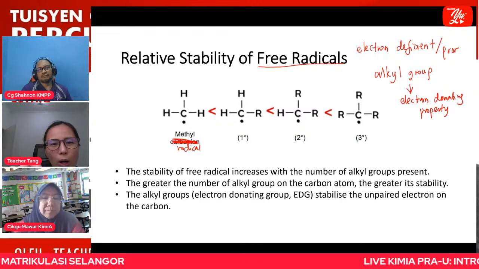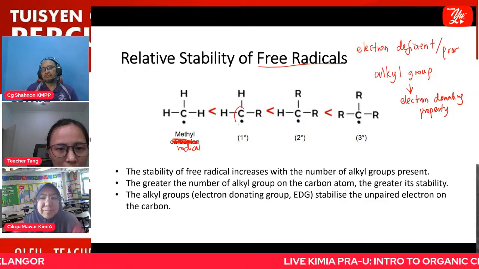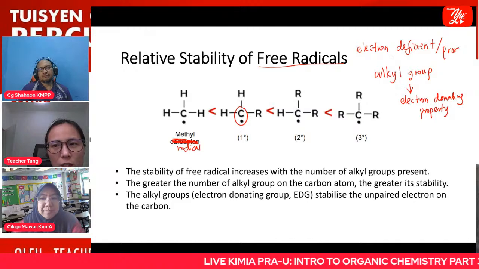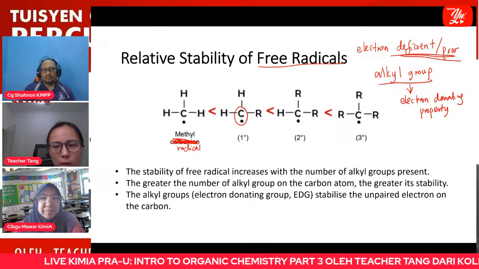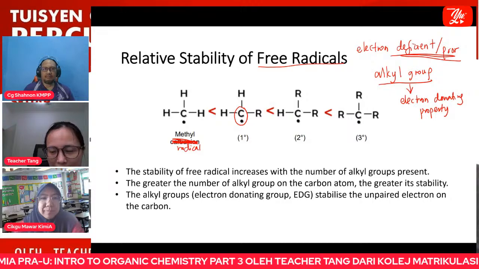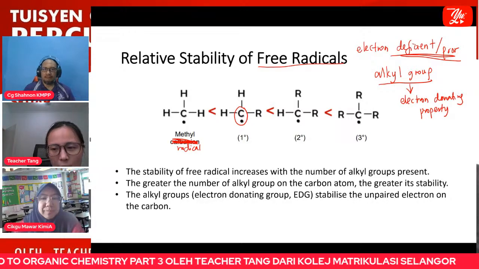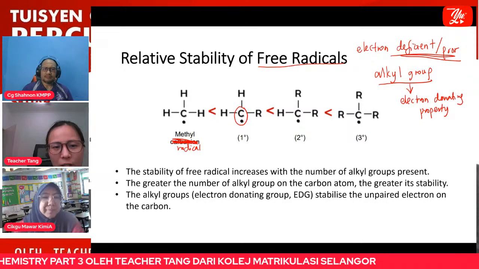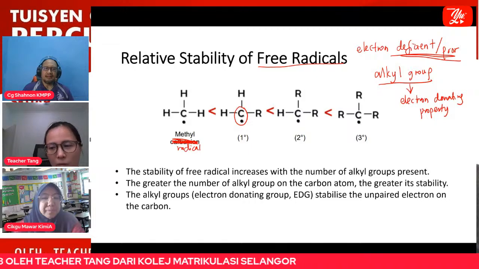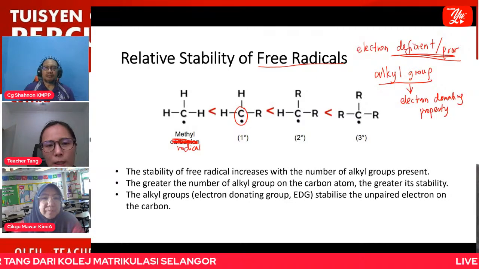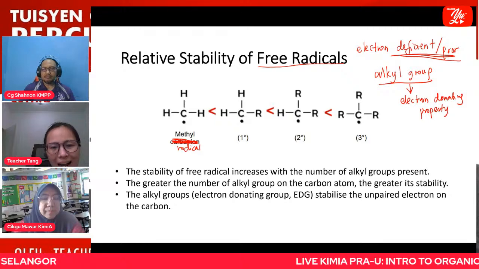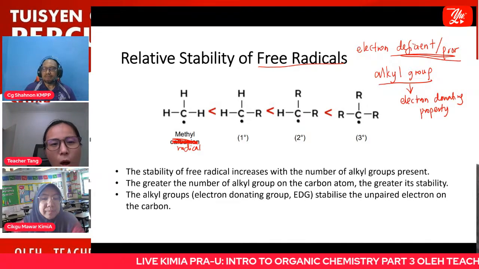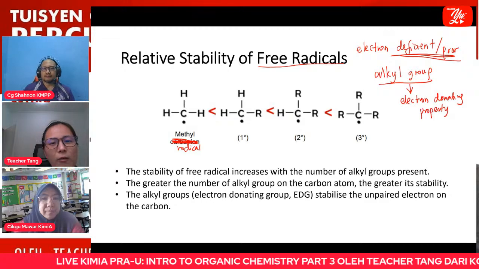So the free radical is electron deficient, electron poor, and the alkyl group wants to release electrons to the carbon that has the unpaired electron. Because of this, the more alkyl groups around the carbon with the unpaired electron, the more stable the free radical will be.